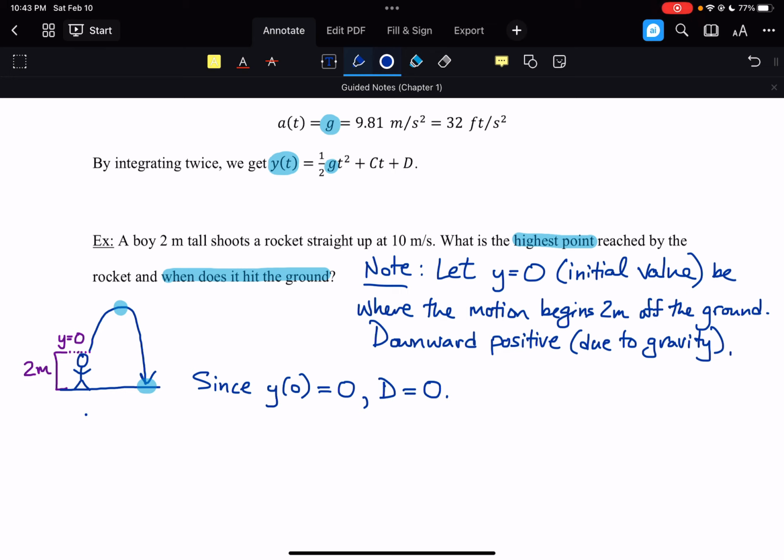Then we know y prime of 0, the rocket is being shot straight up at 10 meters per second. So the velocity initially is 10 meters per second, but remember, it's being shot against gravity, so it's going to be negative 10 meters per second.